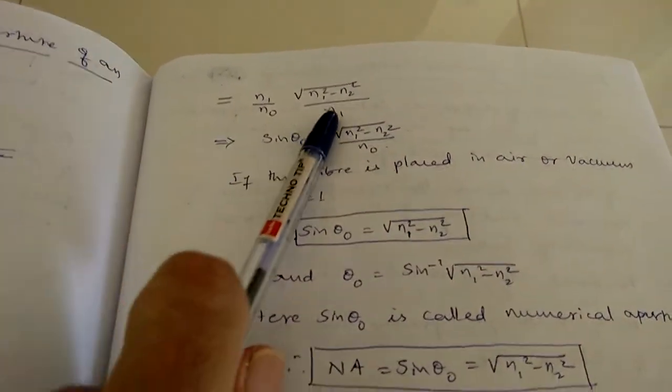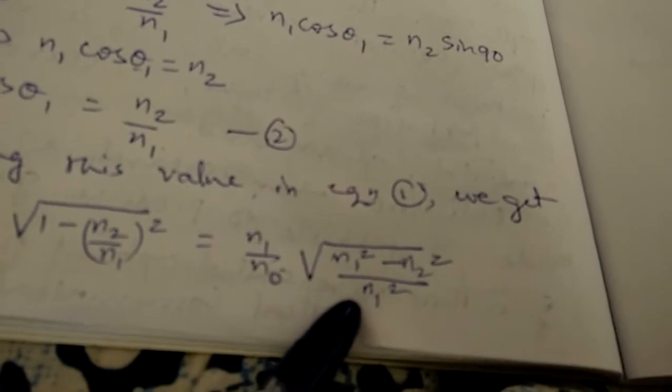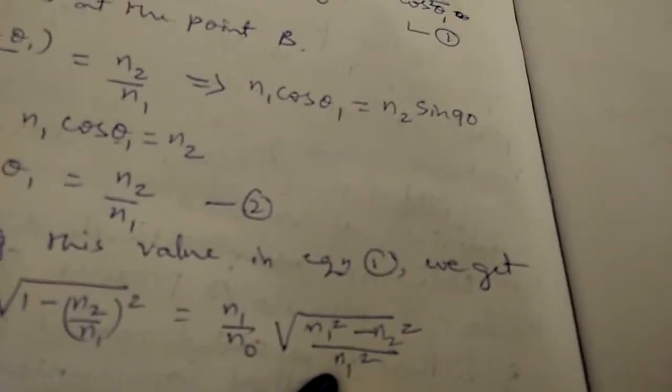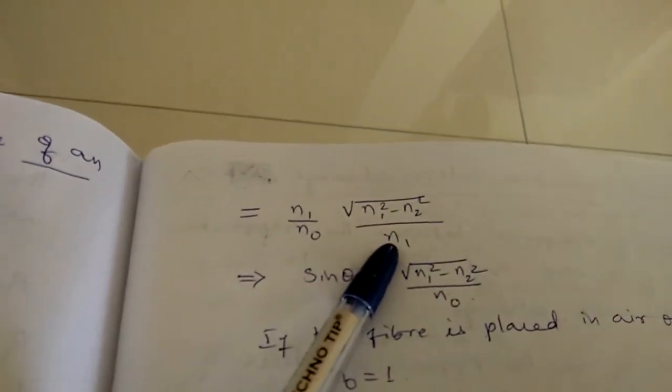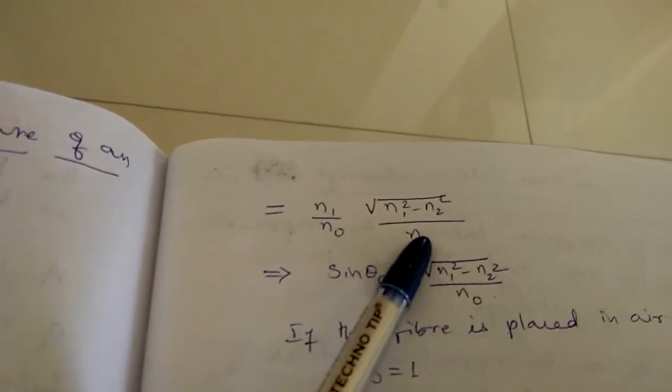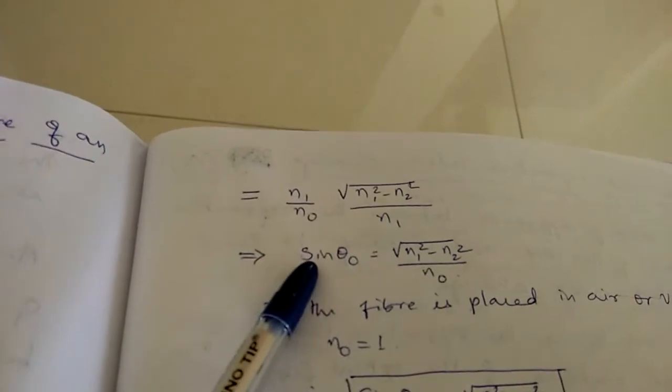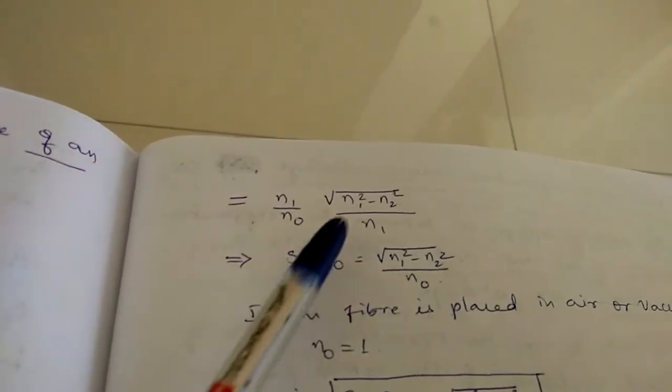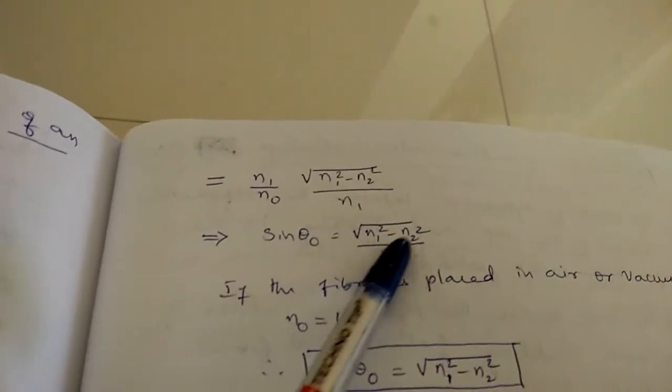In the denominator, this is root of n1 square, so that will become n1. So you can remove that square root in the denominator, and n1 n1 cancels, so we get sin theta naught equal to root of n1 square minus n2 square divided by n0.